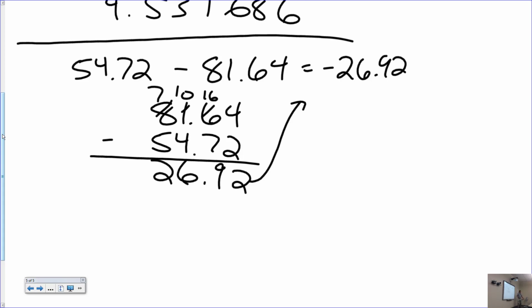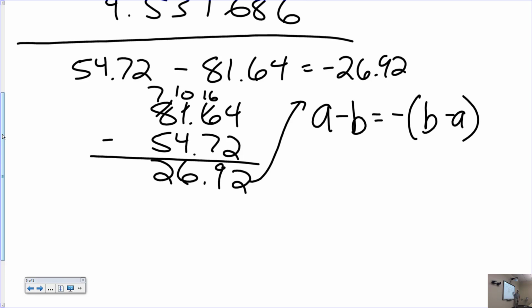All right? The real reason behind it, folks, is actually because you're applying algebra before you know it. This is actually what you're doing.